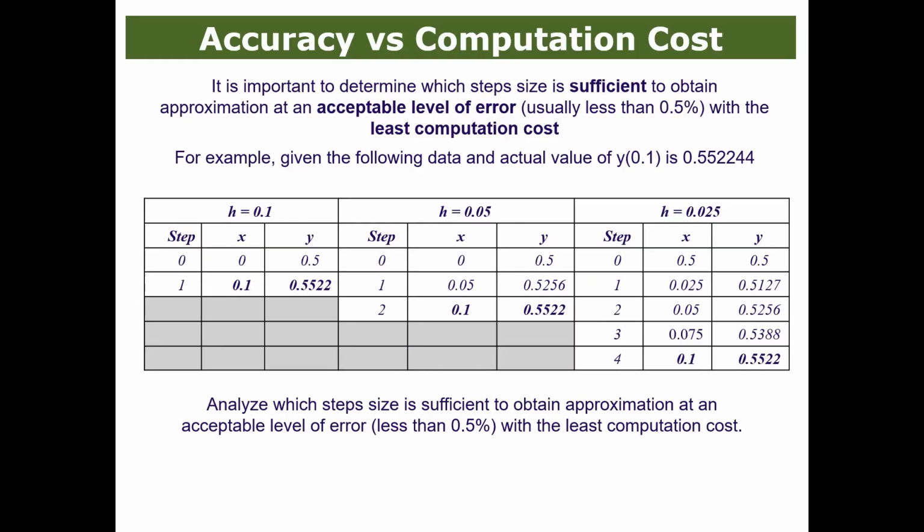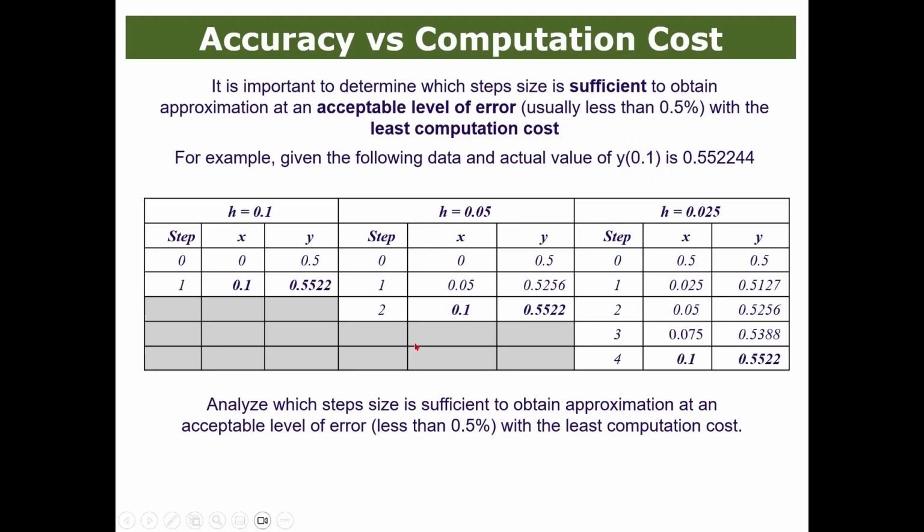For example, given the following data, an actual value of y at x equal to 0.1 is 0.552244, we have to analyze which step size is sufficient to obtain an approximation at error less than 0.5 with the least computation cost.